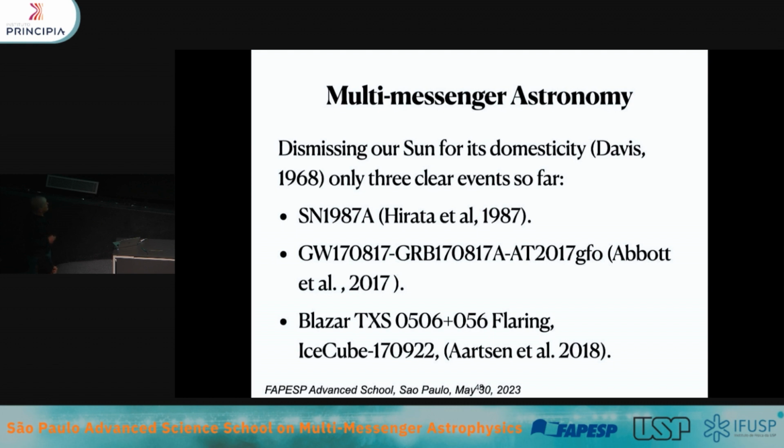But the only truly, so far, gravitational waves and the full electromagnetic spectrum has been GW170817. There are two other ones, sorry, one more that was in neutrinos and in electromagnetic, that was this blazar.